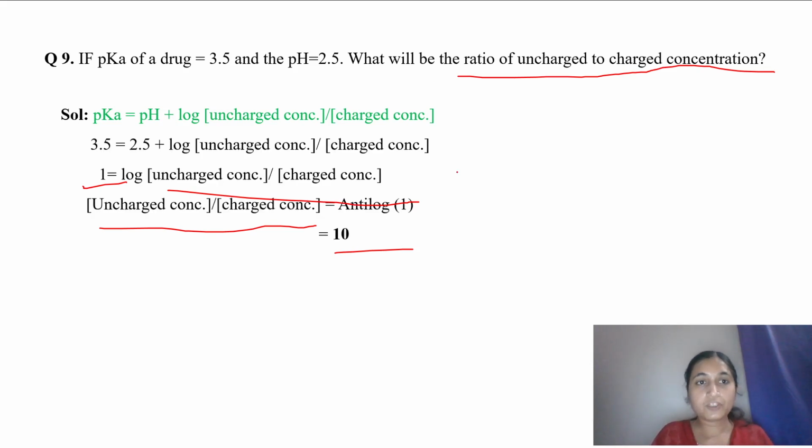So we write what has been given in this question: pKa value 3.5 and pH value 2.5 plus log uncharged upon charged concentration. So this will become 10.